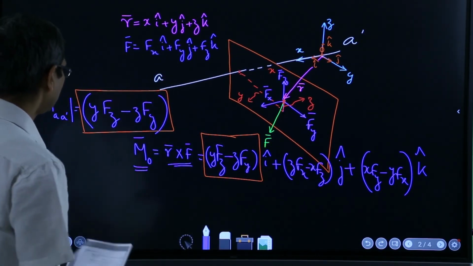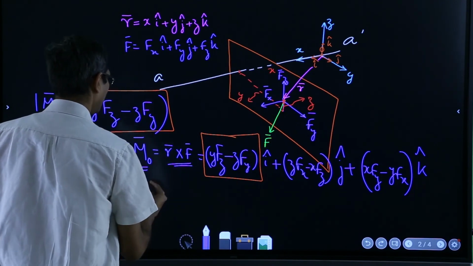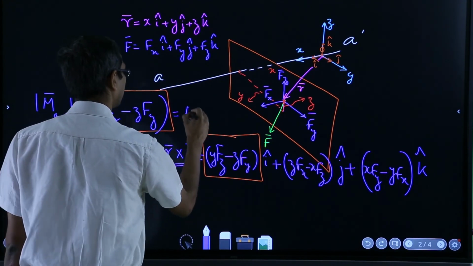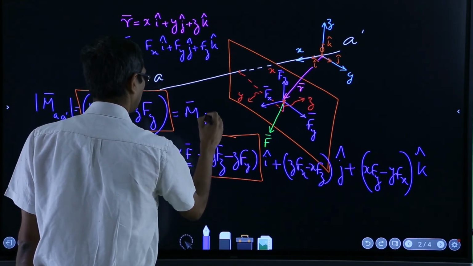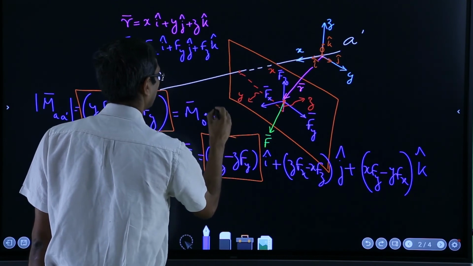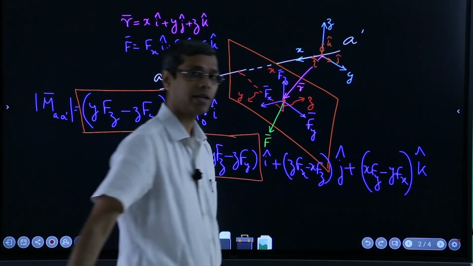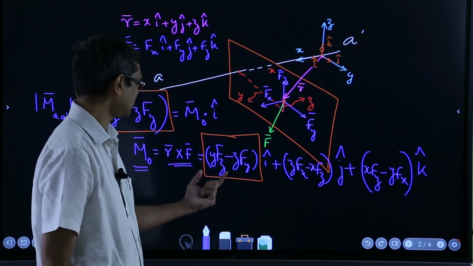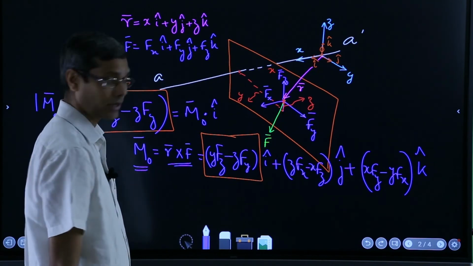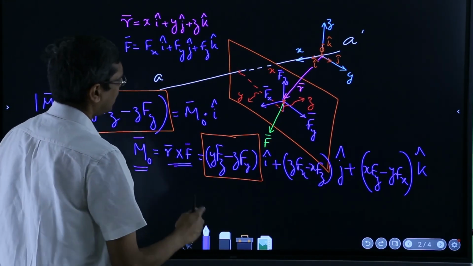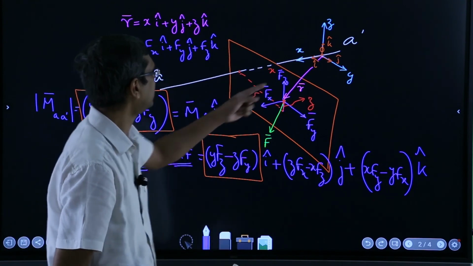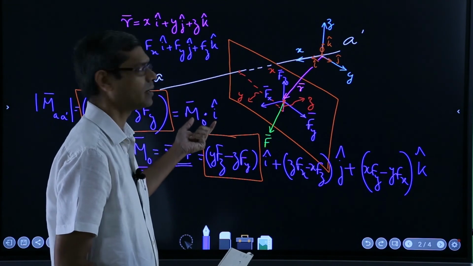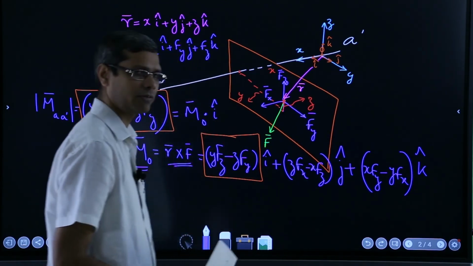So that means how do you get this term? So this is nothing but, if I take this m o, I'll dot with i, then these terms will just vanish, fine, and only the term which will survive is this, and I will get this, fine. Now because we had taken x axis in this direction, so we had to do this dot product with i.